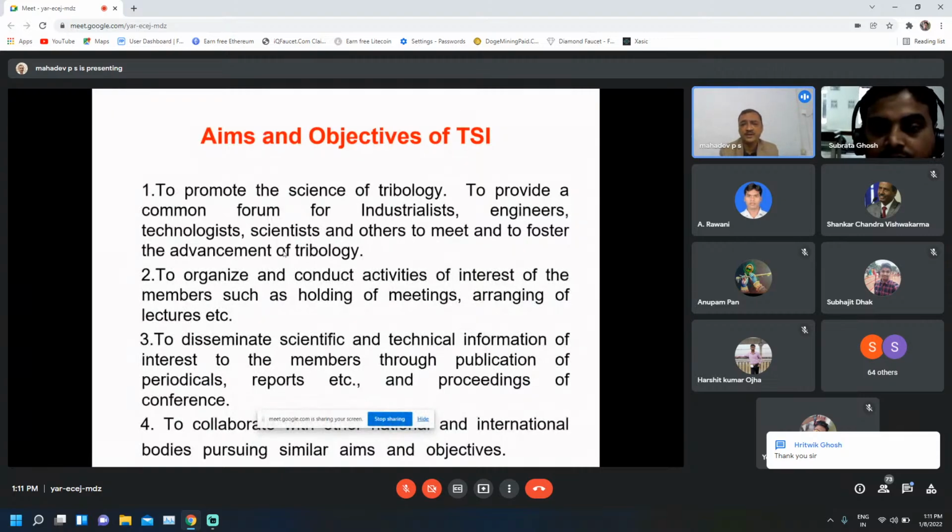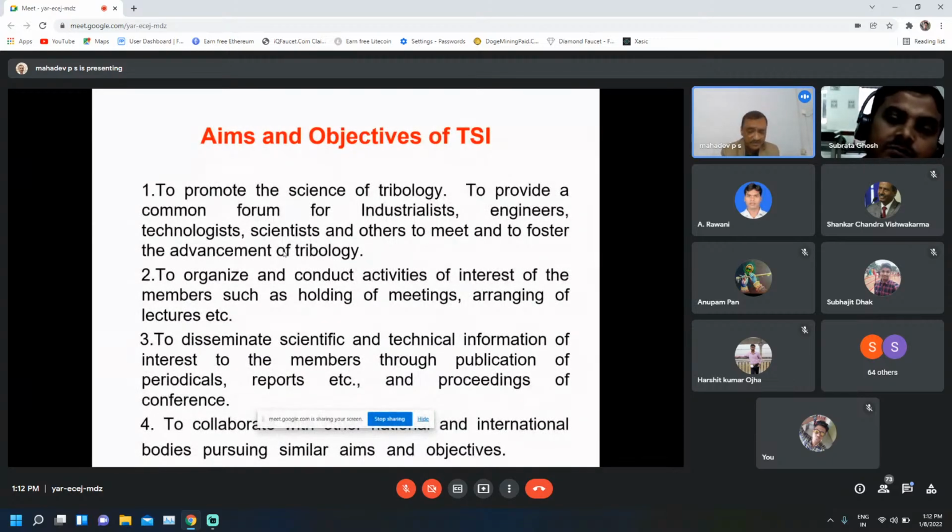After becoming a member, you can attend the conferences and summer workshops. Summer workshops, they won't charge you if you are a lifetime member. For conferences, they will give you some percentage of discount, and you can even publish your research work in the Journal of Tribology, published by the Tribology Society of India. It is a national journal.